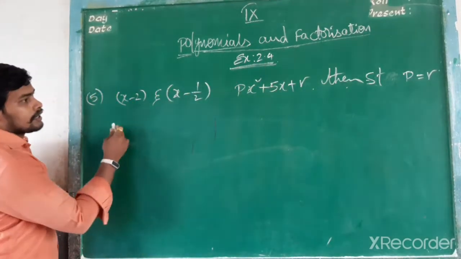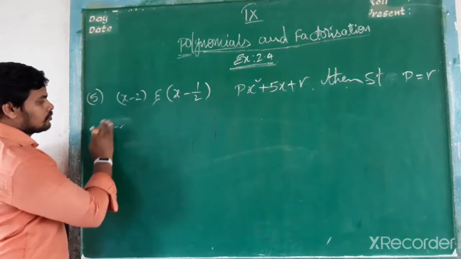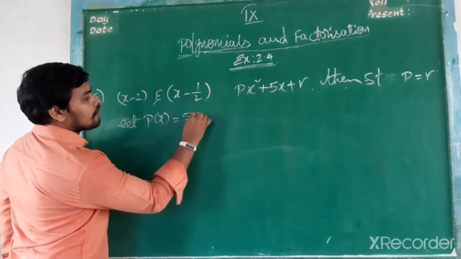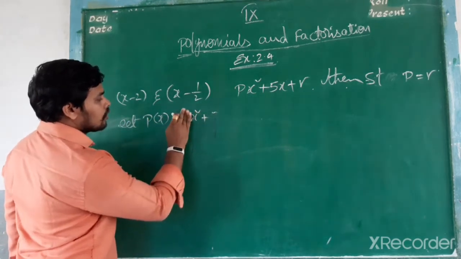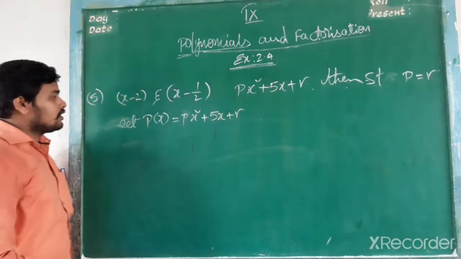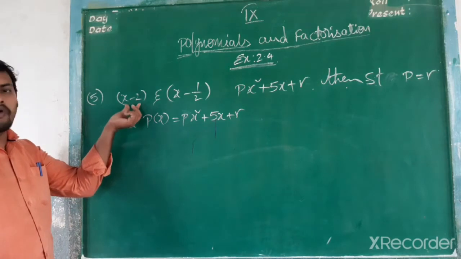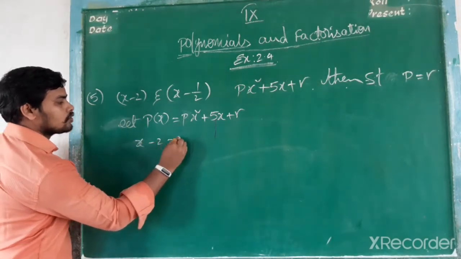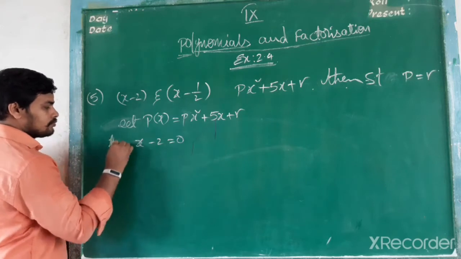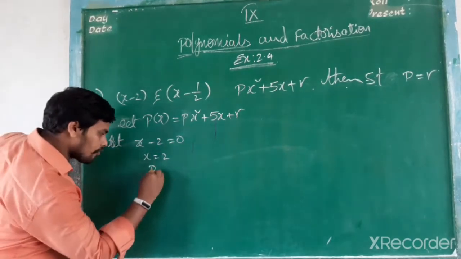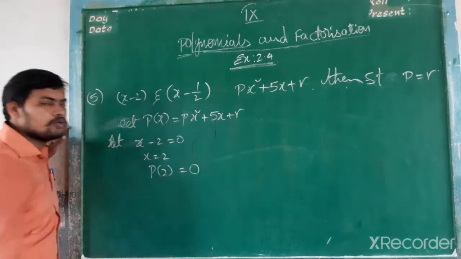So let p of x equal to p x square plus 5x plus r. Whenever x minus 2 equal to 0, let x equal to 2. So p of 2 must be equal to 0.